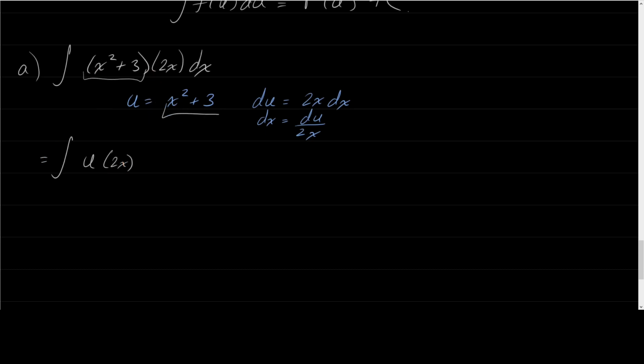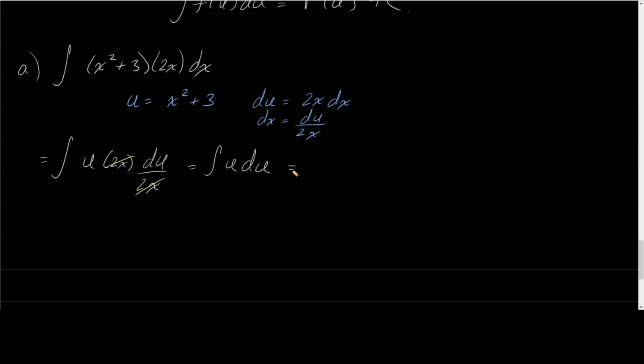X squared plus 3 was our u, which is why I just wrote u. This 2x, we didn't use that to figure out the substitution, so I wrote it anyway. This dx was du over 2x. What you'll note there is that the 2x's cancel each other out, and all I've got left there is just the integral of u du.